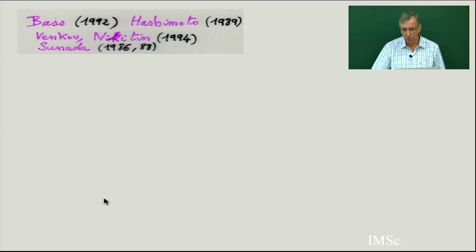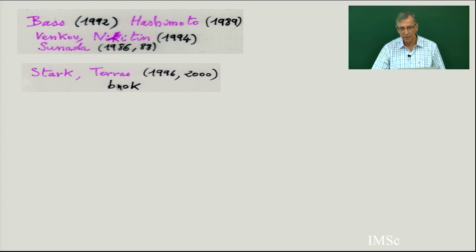So a few names about all this domain. It's a huge domain, there are many papers. Bass was giving these two identities. There are also some papers defining the Ihara zeta function and giving identities 2 and 3. Then Stark and Terras have done two big papers in Advances in Mathematics.